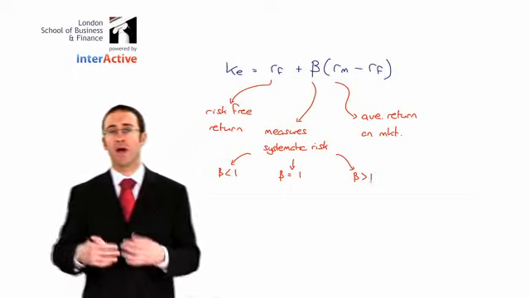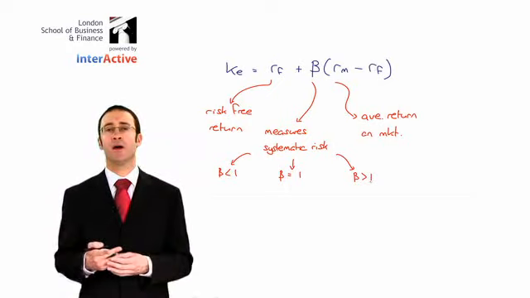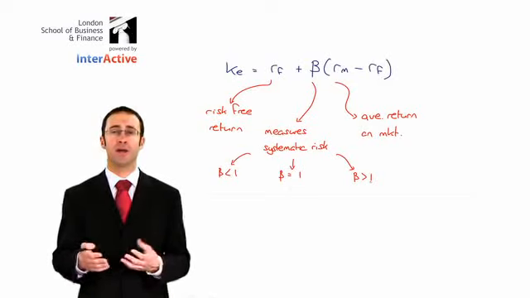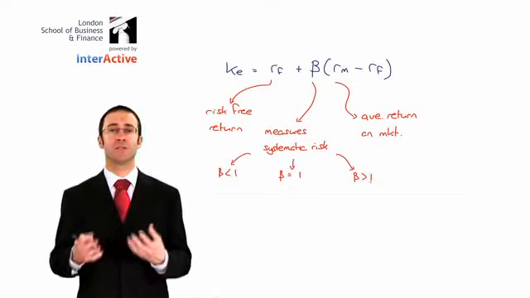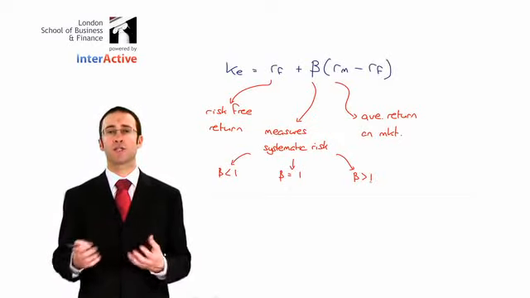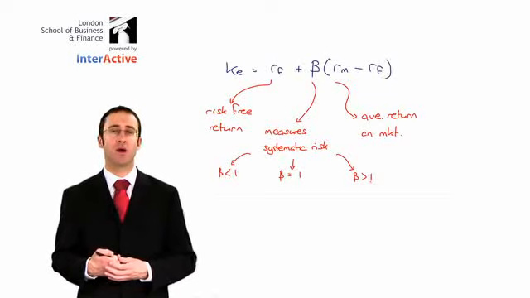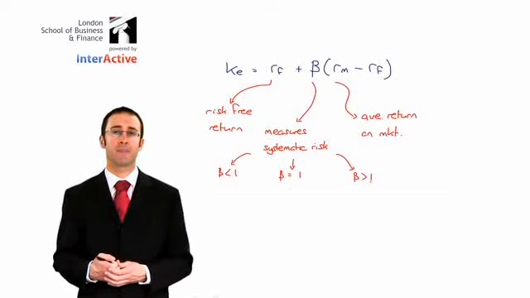If you've got a beta factor equal to 1, then the return on your share is going to be the same as the return on the market on average. So you are not exposed to any more risk than the average risk on the market portfolio.